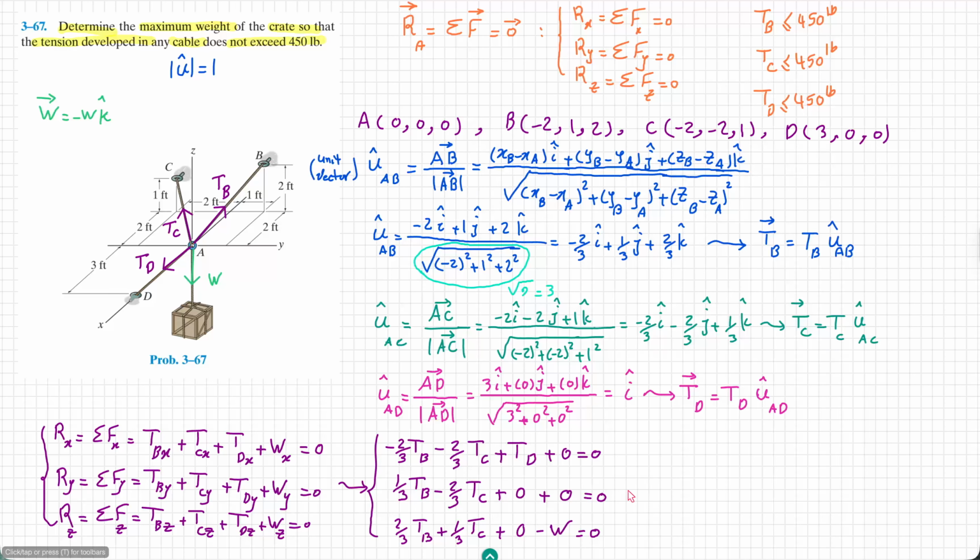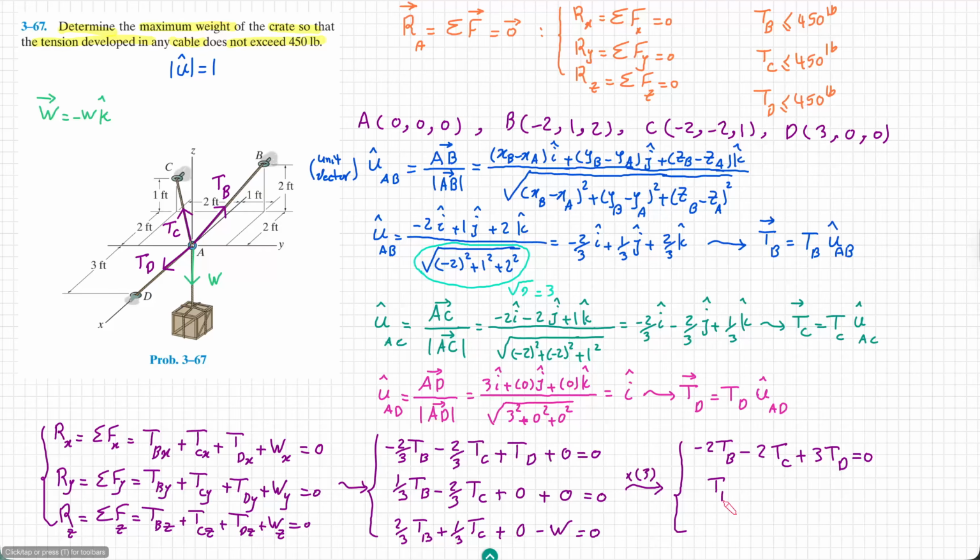Okay, now let's continue with simplifying this system of equations and try to solve it. If I multiply everything by 3, both sides of each equation, and then rearrange, I get this system of equations. Negative 2TB minus 2TC plus 3TD, because multiplied by 3, everything is 0.